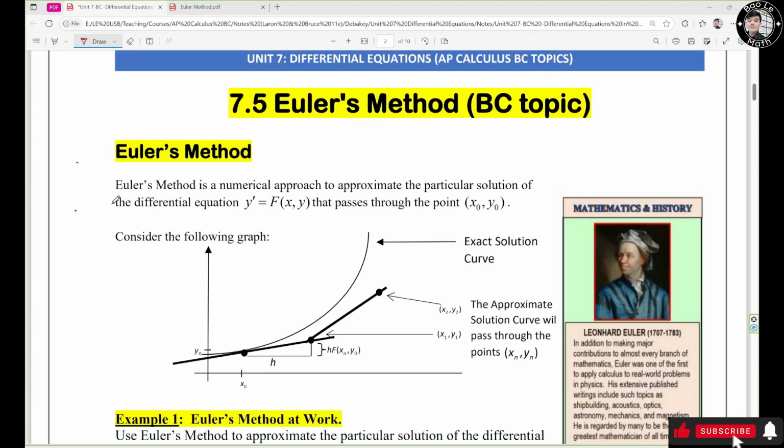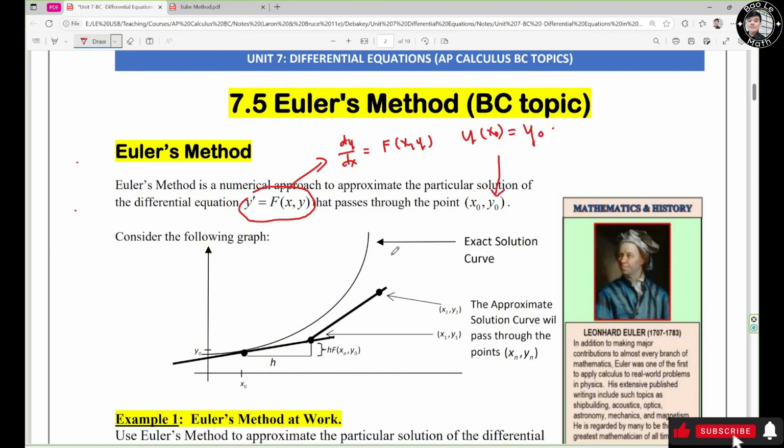We're going to explore topic 7.5, how to use Euler's method to approximate the particular solution to a differential equation dy over dx equals f of x and y, because y prime is dy over dx, where y of x0 equals y0.